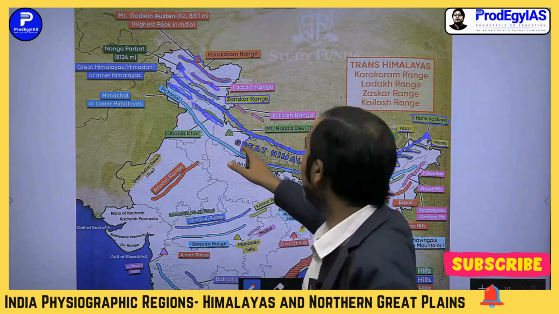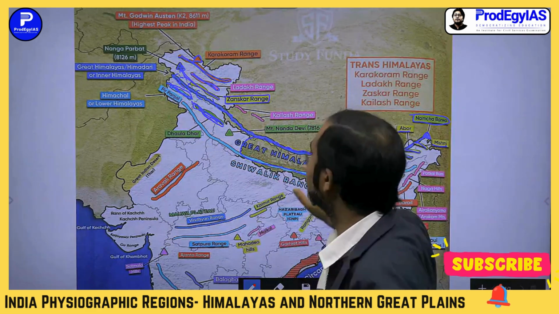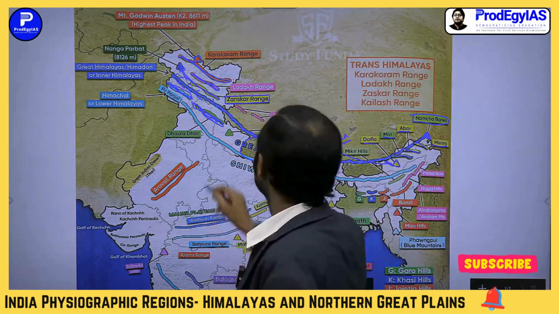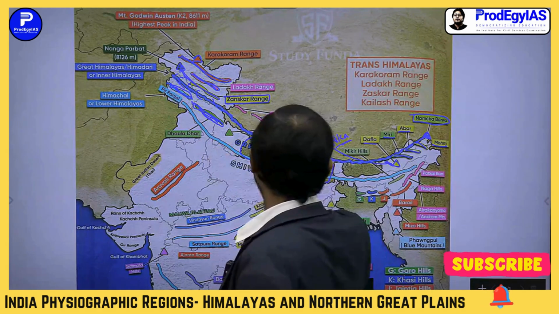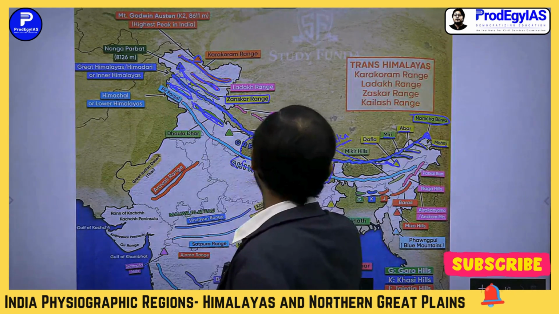This middle part is known as the Middle Himalayas. Then Shivaliks. The most southern range is known as Shivalik, shown with this.